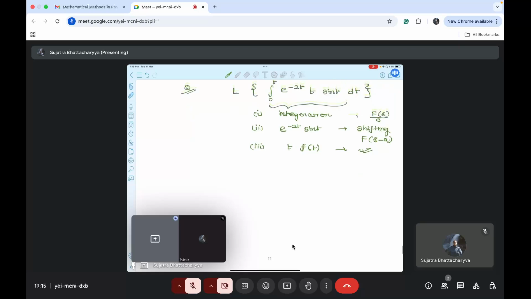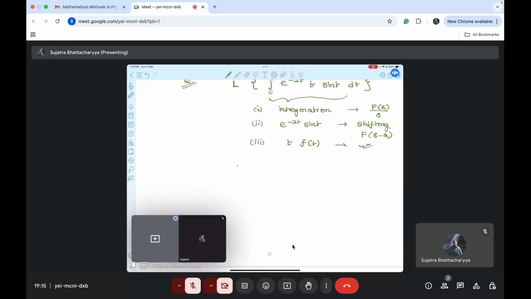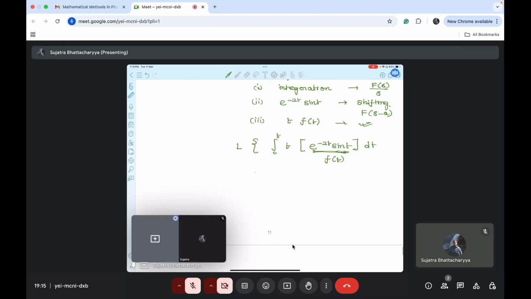So what we do for the solution is we take the integration as it is and put the e^(-2t) t sin t dt together. So this becomes now my f(t). Great. No problem. So can we find out the Laplace transform of f(t)? We can.